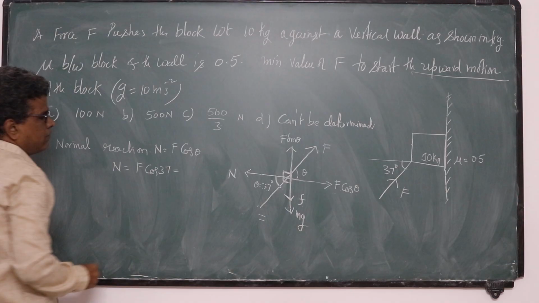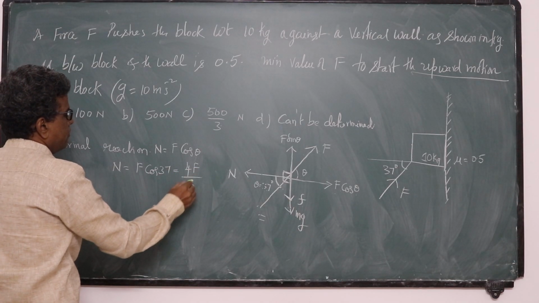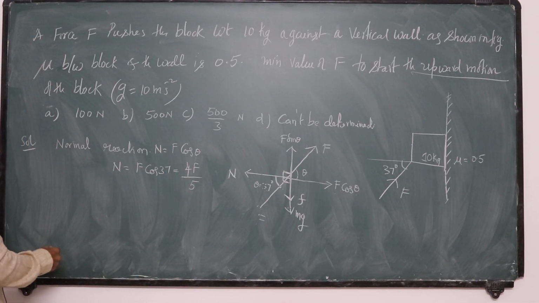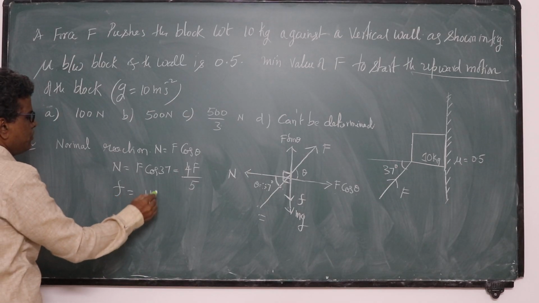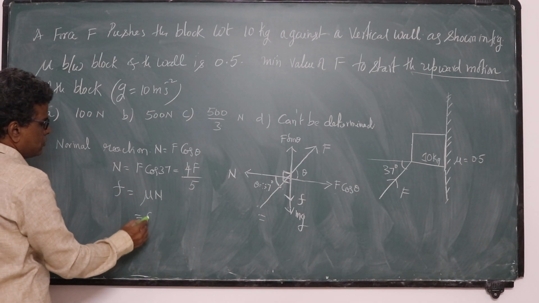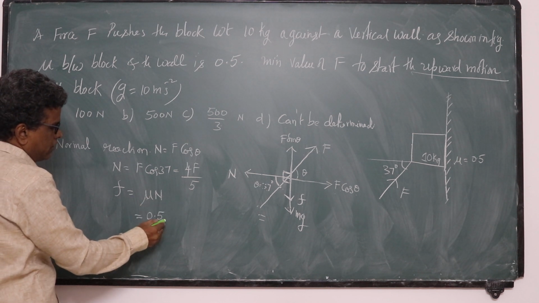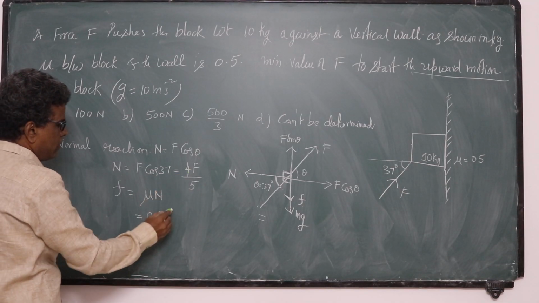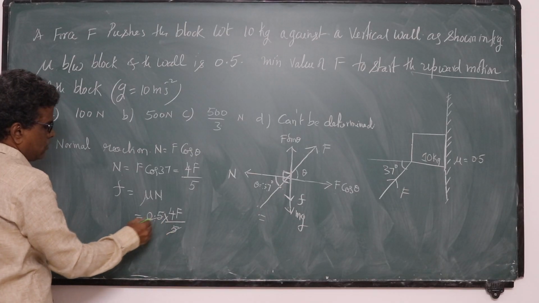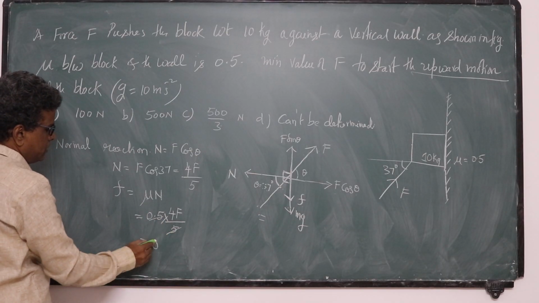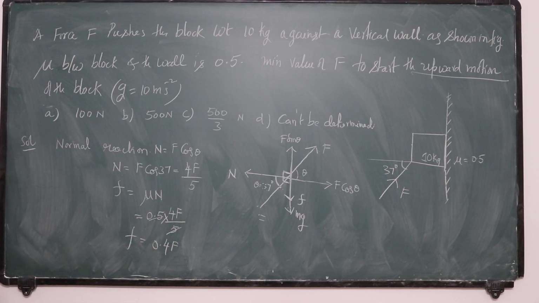What is cos 37? It is 4 by 5. So what is f? Frictional force is mu N. So mu is 0.5 into N. N is 4F by 5. So this is 0.1, so 0.1 means 0.4 F. So the frictional force is 0.4 F.